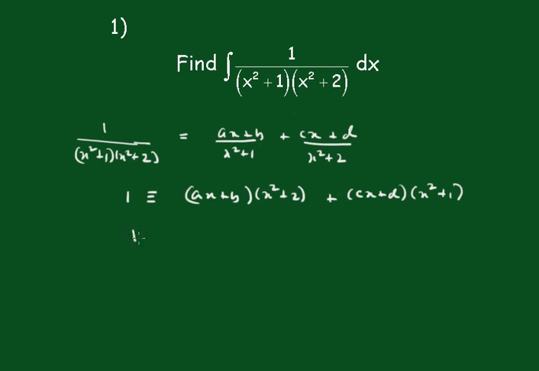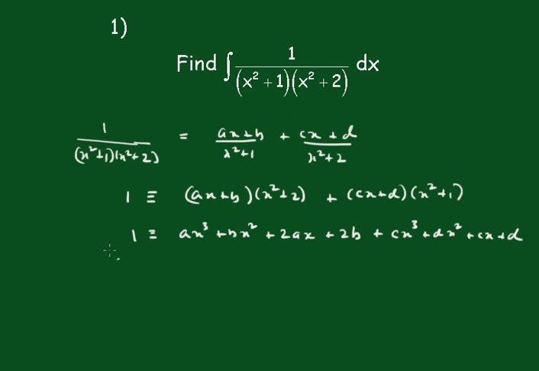Removing the brackets, we get ax cubed plus bx squared plus 2ax plus 2b plus cx cubed plus dx squared plus cx plus d.